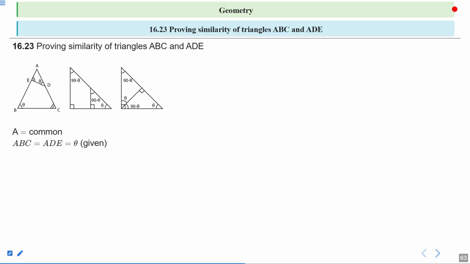It is given in the question. So we can say that the third angle will also be equal, because angle A is common in both the triangles and one angle theta is given. So the left angle will always be equal to each other. So these two triangles will be similar to each other. So triangle ABC is similar to triangle ADE.